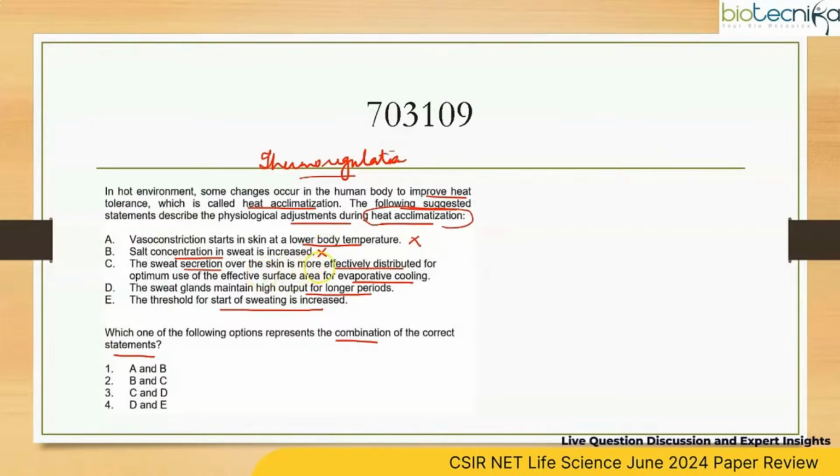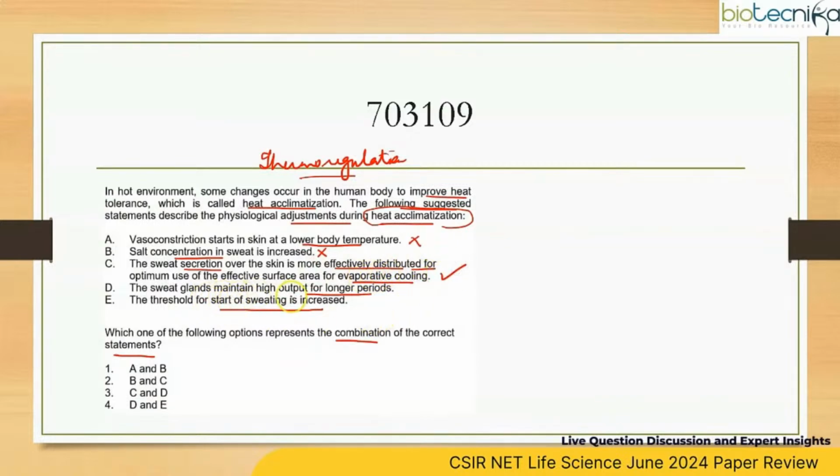C, the sweat secretion over the skin is more effectively distributed for optimum use of the effective surface area. Yes, this is what happens to acclimatize to the heat. Sweating occurs and it is effectively distributed, so that when sweating occurs, evaporation will occur and that will give a cooling effect. So the heat of the body will be released. So C is correct.